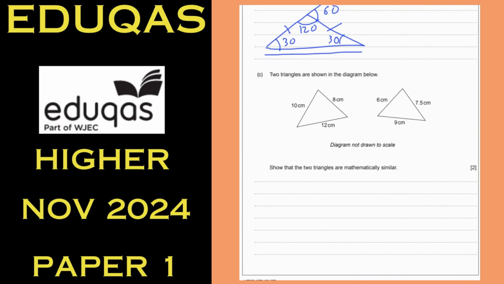Part C, a bit of my earlier waffle in regards to what does similar mean. Similar means the angles are the same, but in terms of the sides, they can have a multiplier. So let's have a look at the smallest sides. On both triangles, they're the smallest.